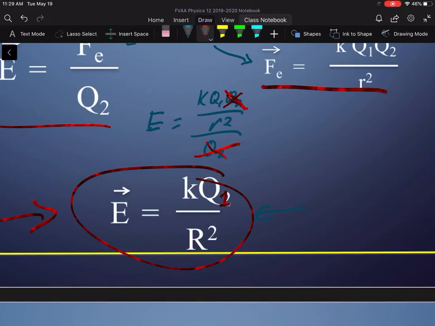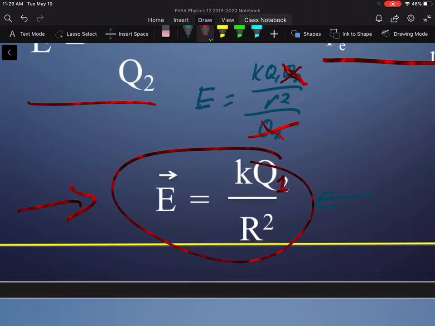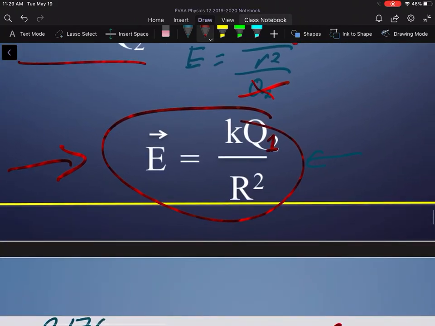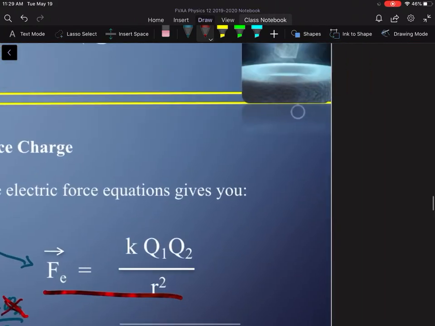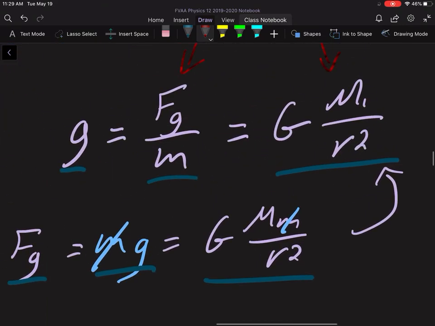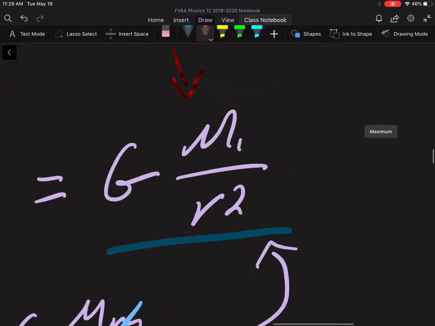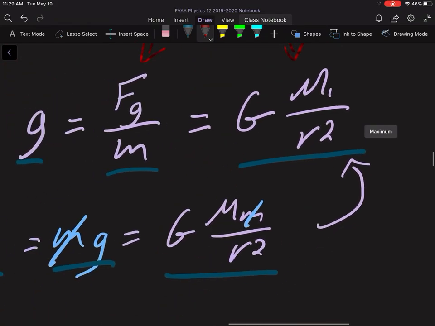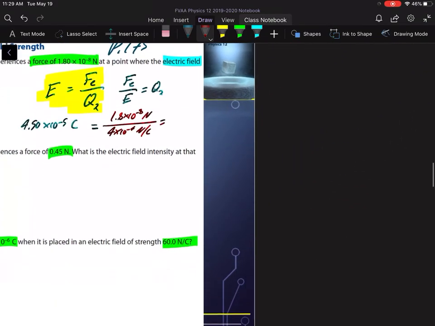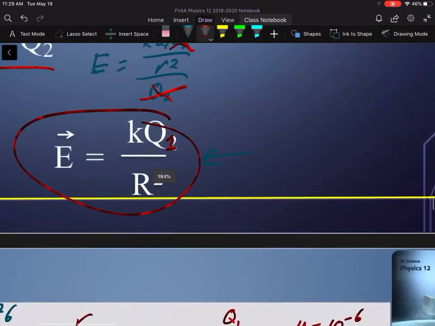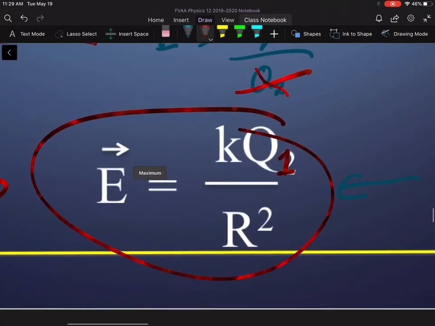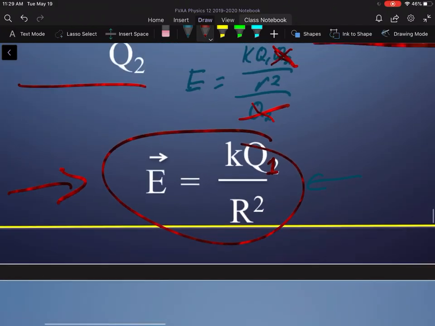Now, this equation doesn't use the test charge like this equation here. It doesn't use Q2, it uses Q1. Just like gravitational field strength, the second equation didn't use the mass of the person or the object on Earth. It used the mass of the Earth to determine the gravitational field strength. Here, it uses the charge of the source of the electrical field to solve for the electrical field strength.